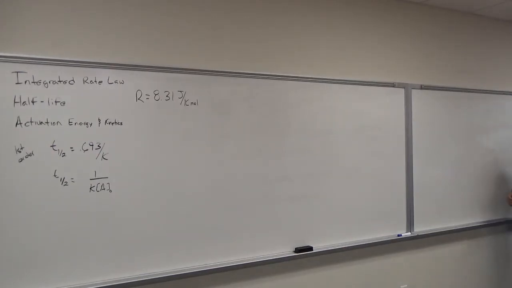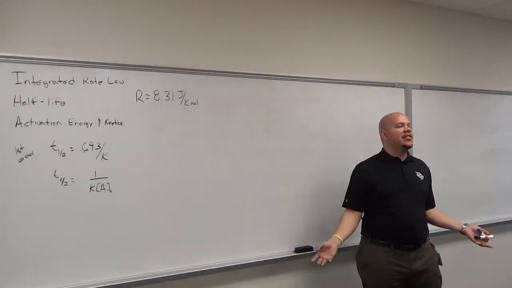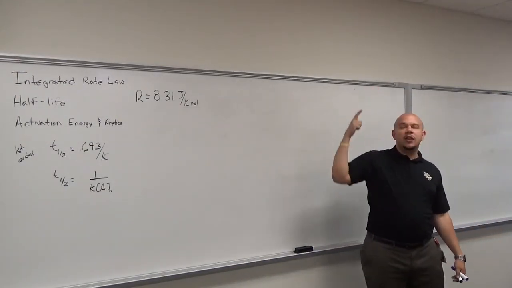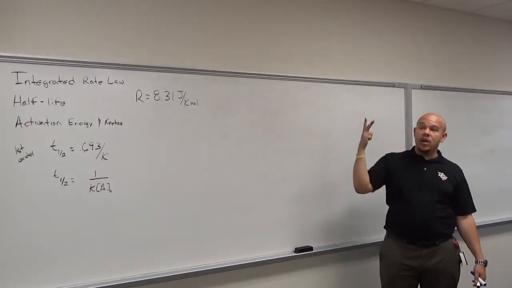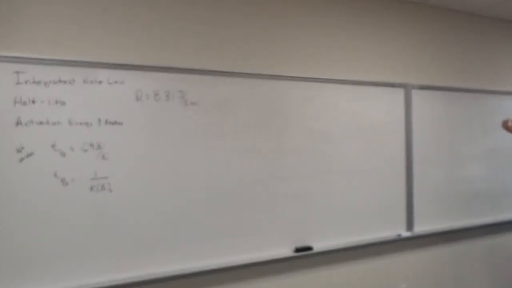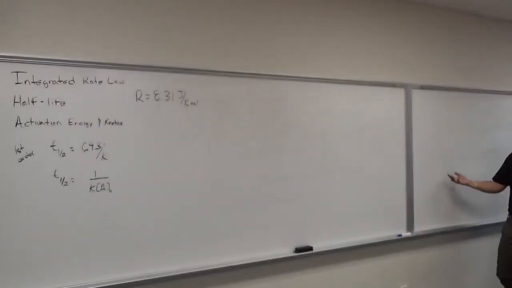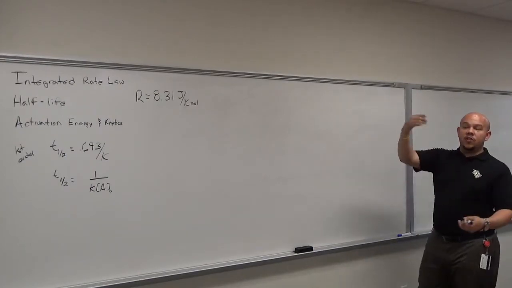Uni, bi, and termolecular. That is the extent. Uni means 1, bi means 2, and ter means 3. It can either be bimolecular with the same 2 reactants, or bimolecular with 2 different, or termolecular with the same 3, so on and so forth.